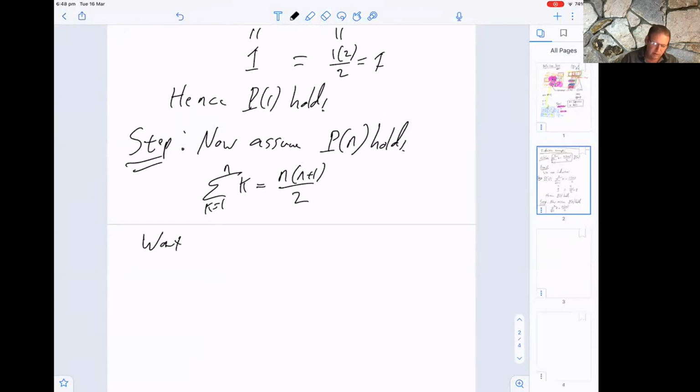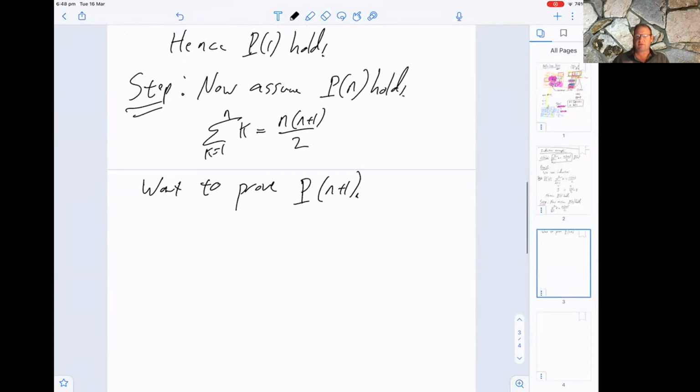We want to prove P of n plus 1. So what is the statement P of n plus 1? Try to say it in words, since it's hard maybe to write the sum. The statement P of n plus 1, I'll write in brackets: it's the same statement with n replaced by n plus 1 exactly.